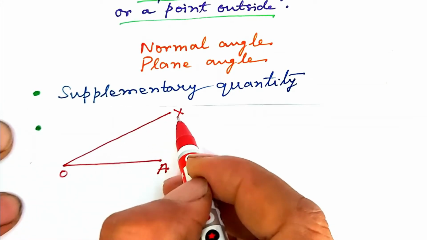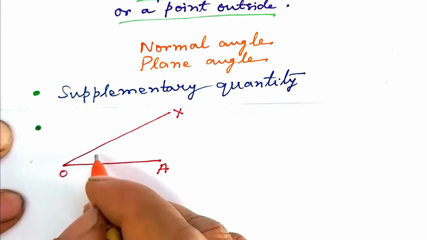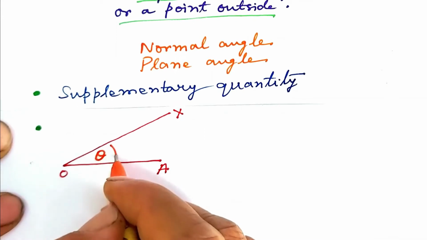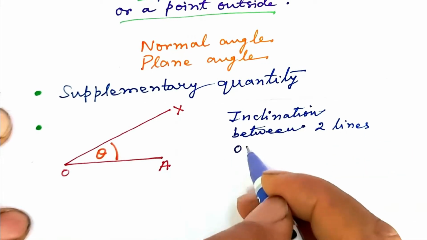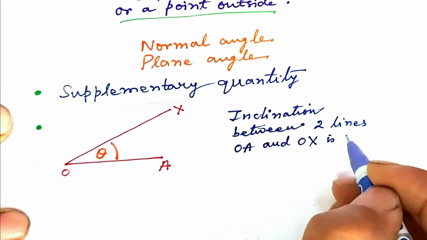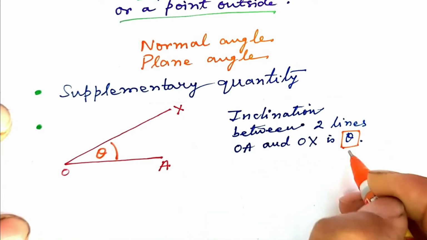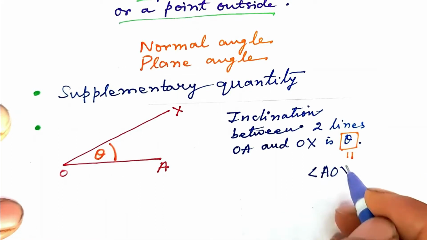Obviously, these two lines OA and OX are inclined to each other, or in other words, angularly separated from each other by the quantity theta, which we define as angle. So, the inclination between two lines OA and OX is theta, which is angle AOX.